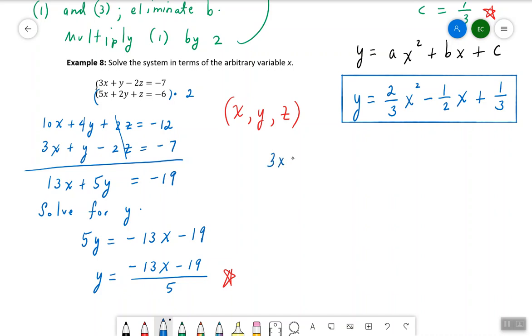So 3x plus y, and now y is negative 13x minus 19 over 5, minus 2z equals negative 7. And so then you see I have an equation with just the two variables x and z. I can solve for z, and then I can write my final answer. So solve for z.